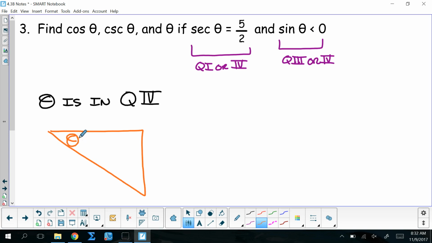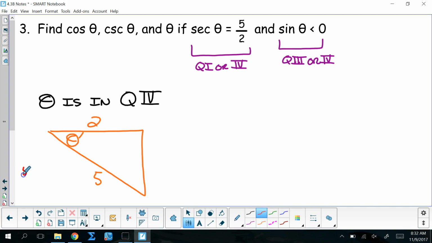So secant of theta is cosine, so that would be a 2 there and a 5 there. Secant is hypotenuse over adjacent, so 5 for the hypotenuse, 2 for that. Do some figuring, some little Pythagorean action going on over here.